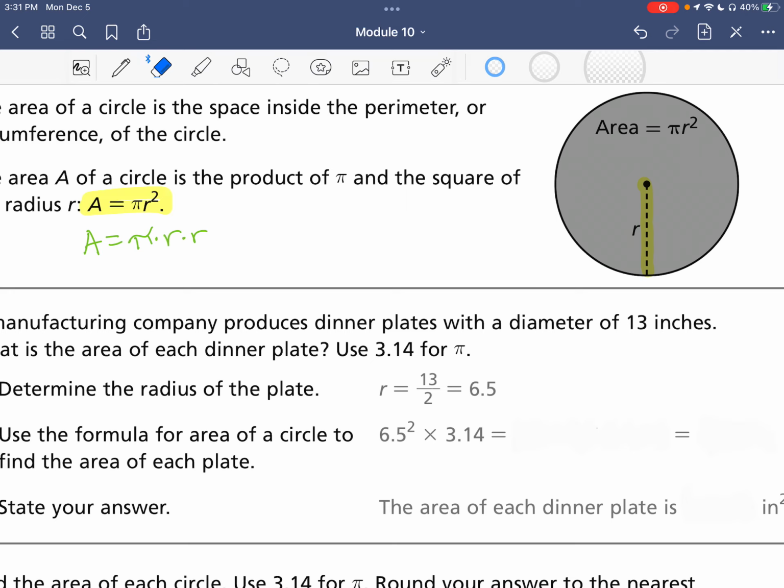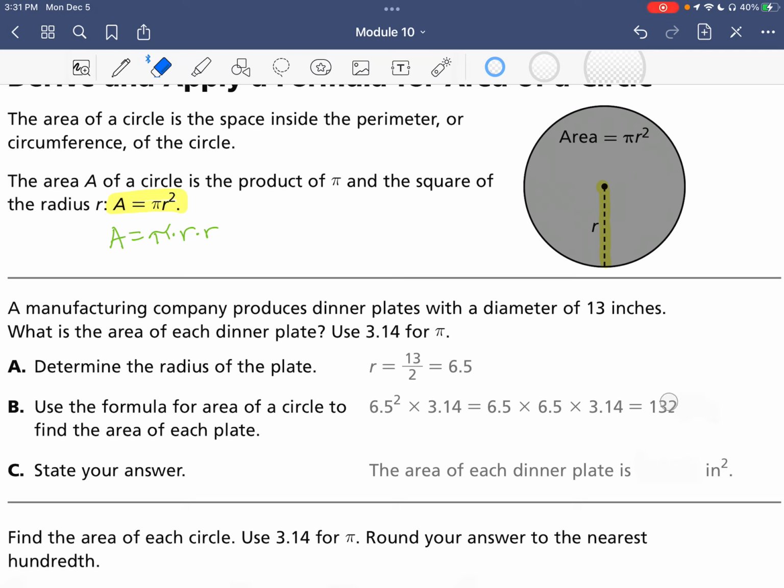So 6.5 times 6.5 times pi. Please pause the video. Practice that multiplication. Do it on the side of your paper. Hit play when you're good to go. And when we multiply our 6.5 times 6.5 times 3.14, which is our pi, we will get 132.665.